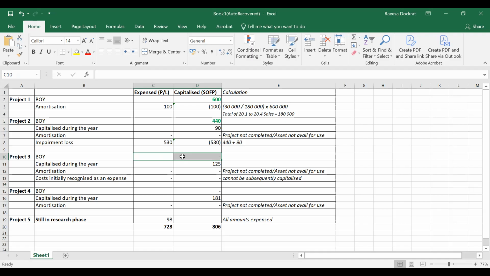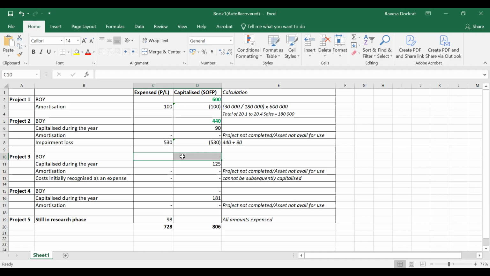Due to the changes in market, the directors are now, after thorough market research, convinced that the project will in future earn income which will exceed the development cost, right? So now they think that this is going to be a very profitable project. And for this reason, the directors want to reverse the write-off. So that 176,000, the directors want to reverse it. So basically, remove the expense and put it to our asset, okay?